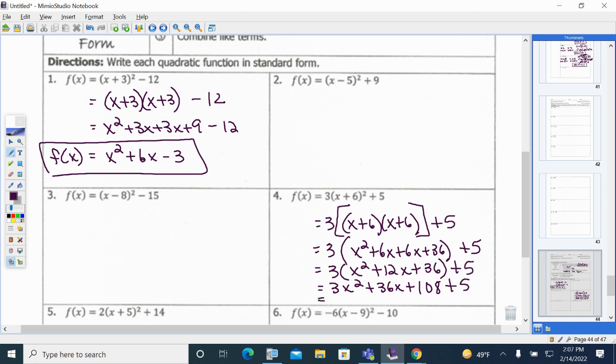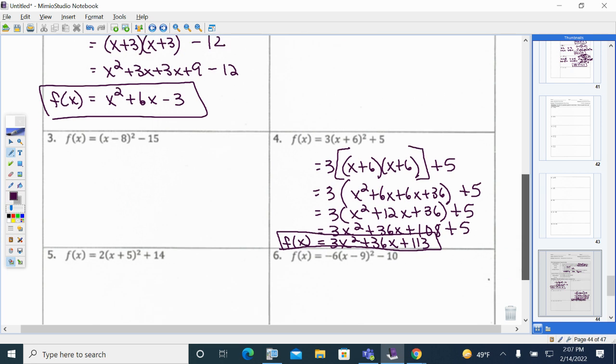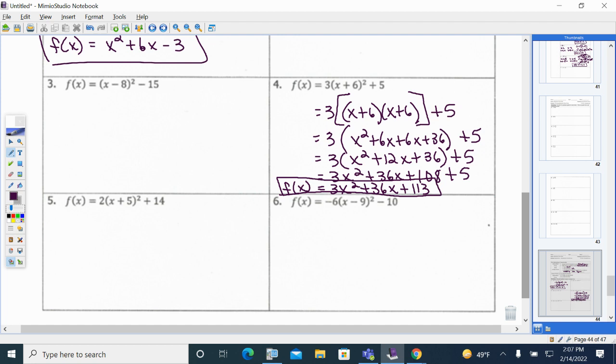Combining the 108 and the 5 is our last step. So we get 3x squared plus 36x plus 113, and that is your final answer. But be careful with your order of operations when you do have an a. So that's how those are done.